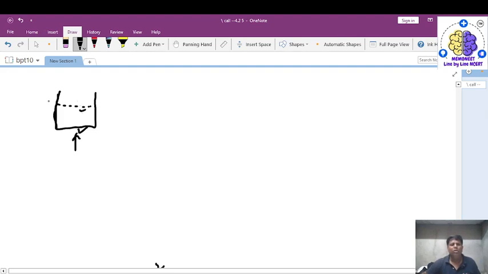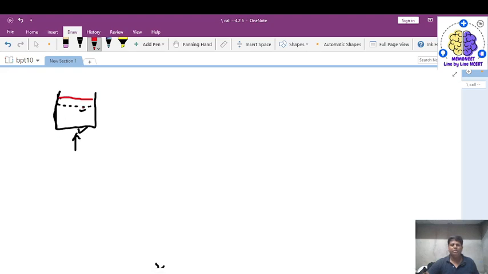Now suppose only the liquid expands and the container does not expand, and when the liquid expands, because of expansion it reaches this level, right? Now it expanded and reached this level, but actually the container is also expanding.